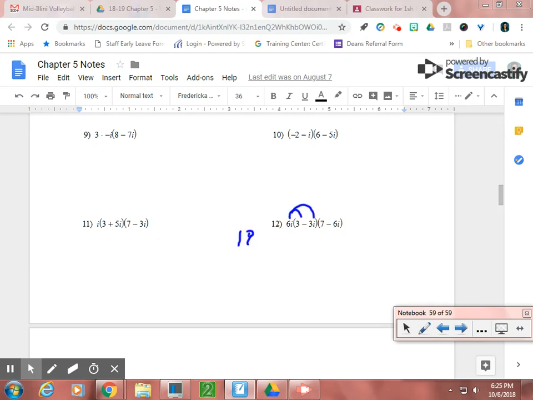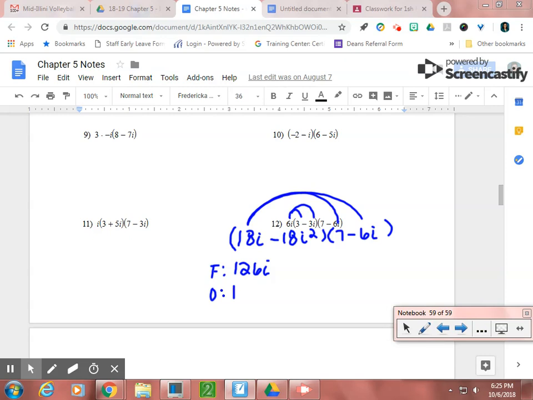Okay, same thing here. Distributing, 18i minus 18i squared, and then 7 minus 6i. Your first on this is 18 times 7, which is 126i. Your outer is going to be 108i squared. Your inner is going to give you negative 126i.